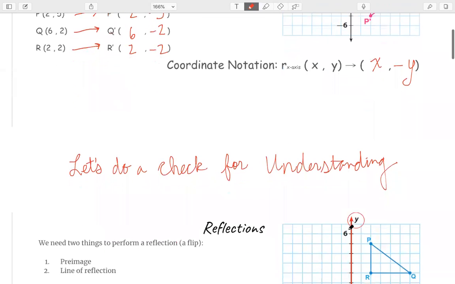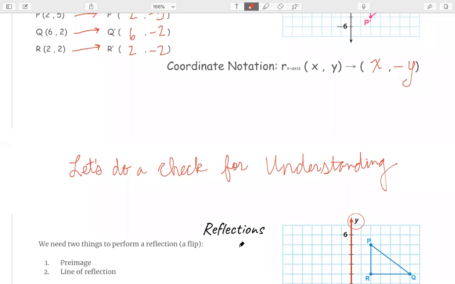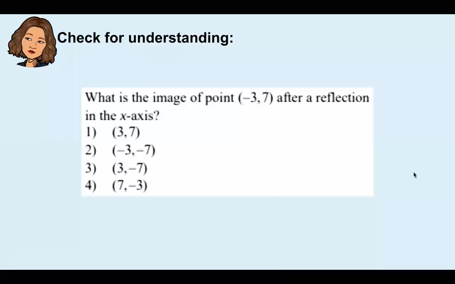Let's do a quick check for understanding. Let's see if you understand what it means to reflect a point in the x-axis. What is the image of point (-3, 7) after a reflection in the x-axis?